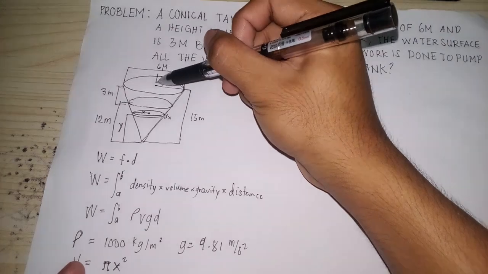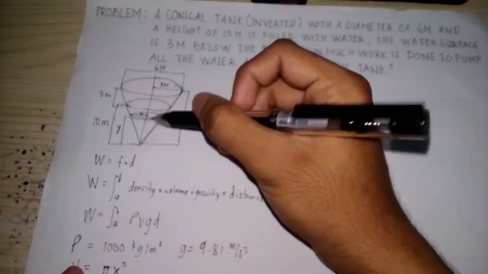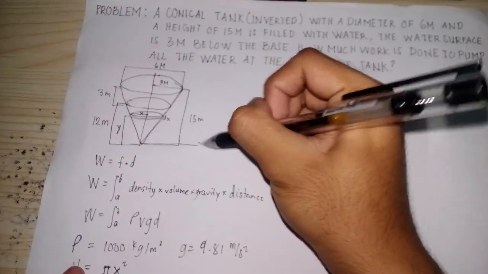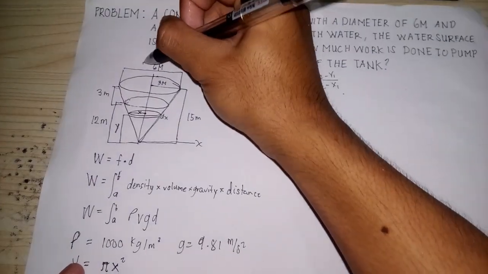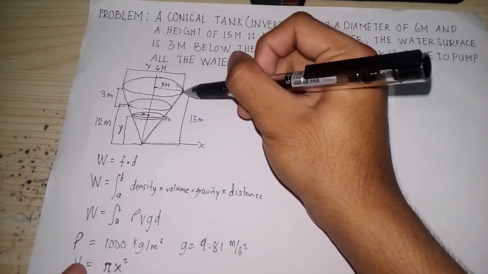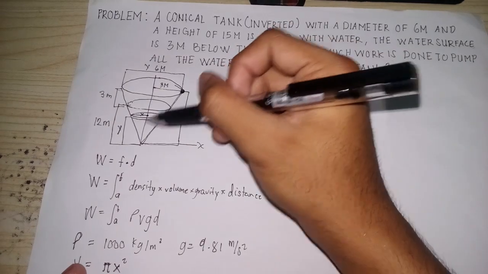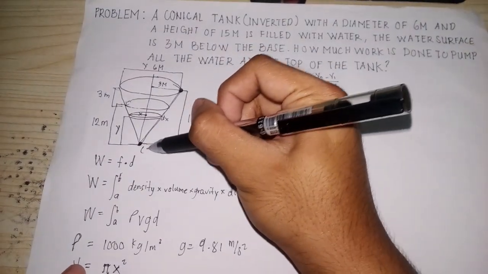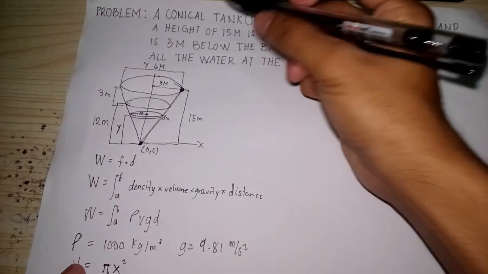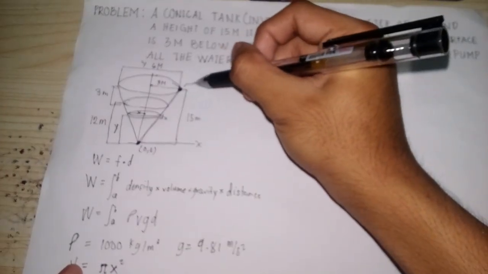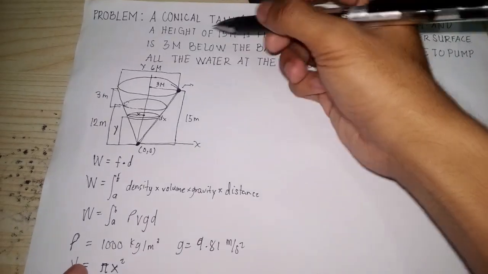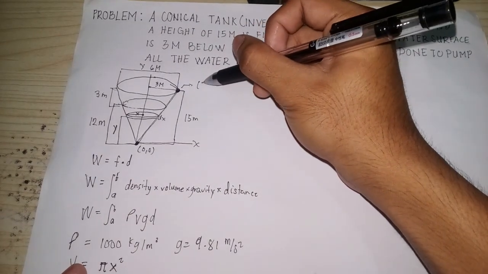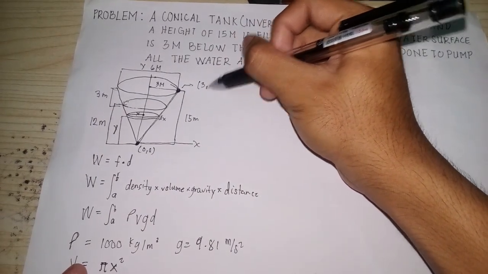If we draw a Cartesian plane here, this is our x and this is our y, right? So we need to identify the points here. This point here at the bottom is equivalent to (0, 0). Then this point here is (3, 15).